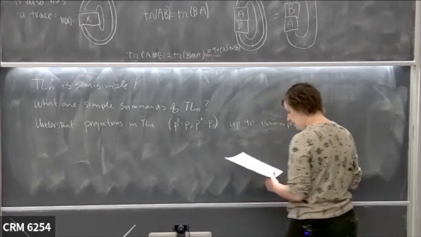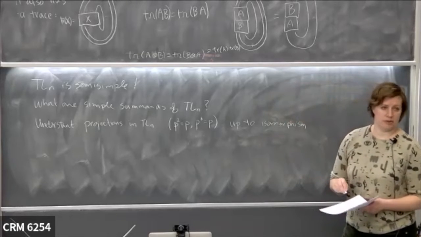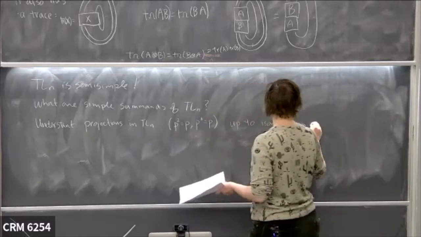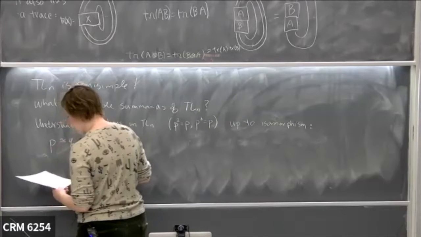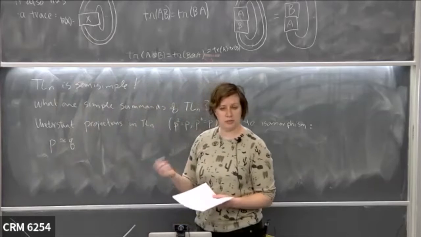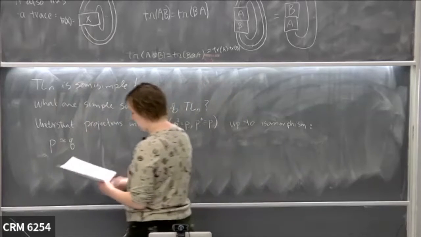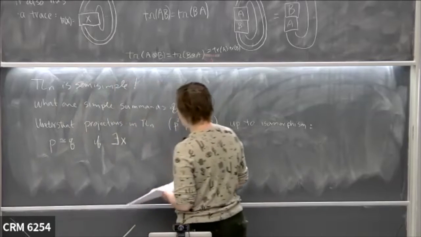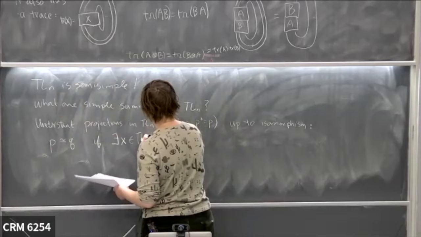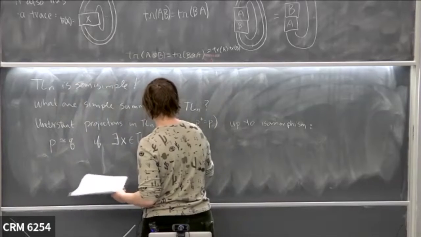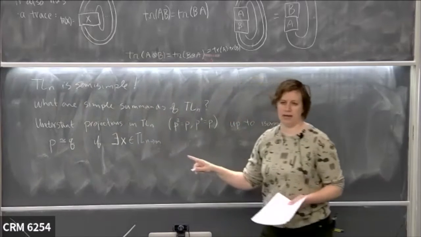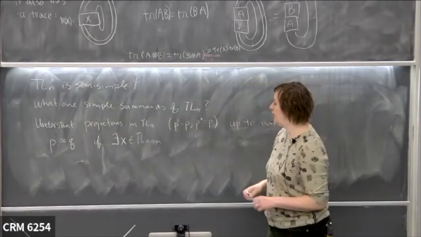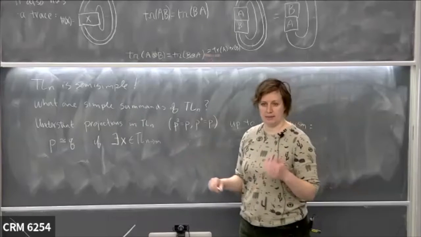Okay, and so now I need to tell you about isomorphism in Temperley-Lieb. This is the operator algebra's definition of isomorphism: two projections P and Q are isomorphic if there exists X in TL_{n,m}. This is a new thing. Instead of having endpoints on the top and endpoints on the bottom, I'm going to have a different number of points on the bottom and the top.